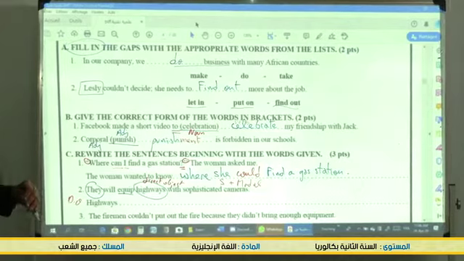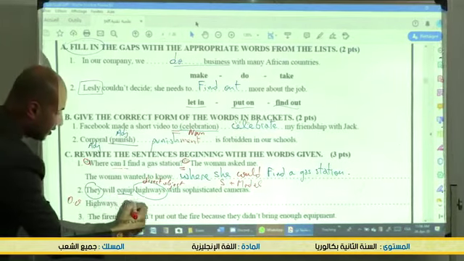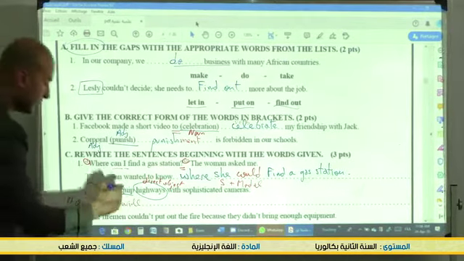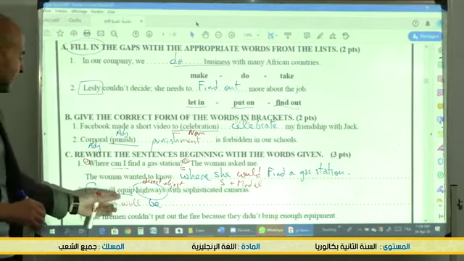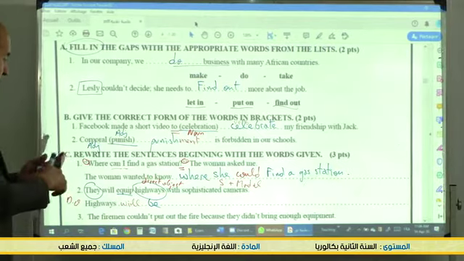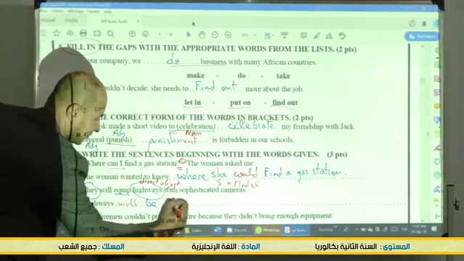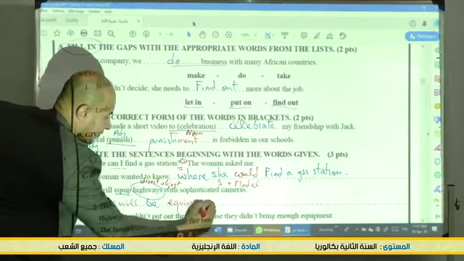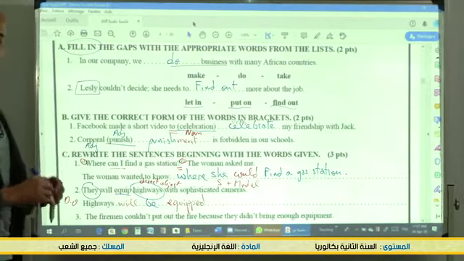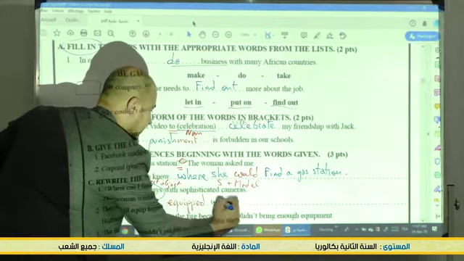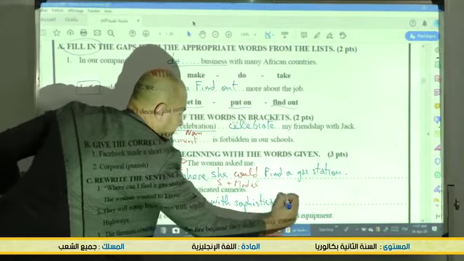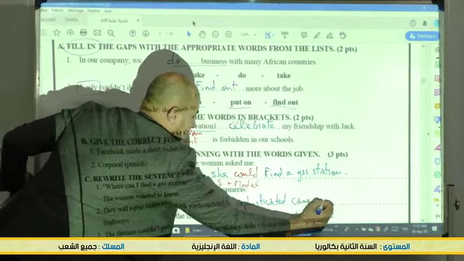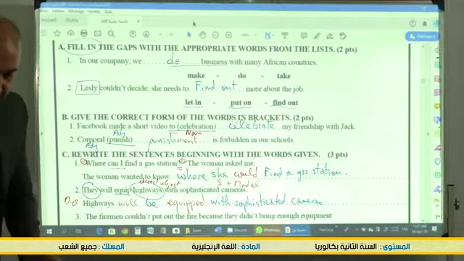So highways will what? Will be. Very good. Will be what? And we need the past participle of equip. Will be equipped. Will be equipped with what? With sophisticated cameras.